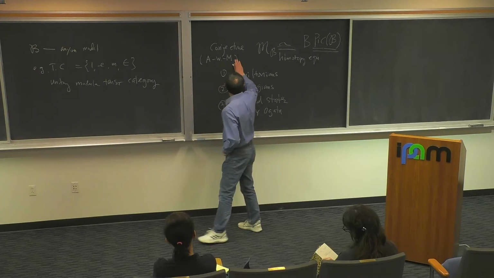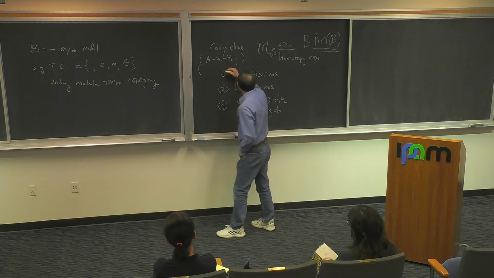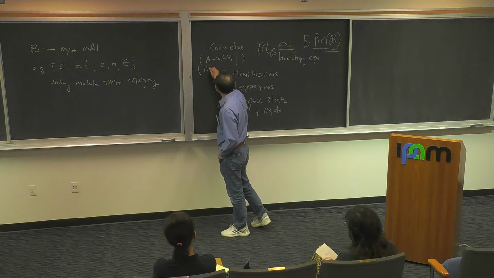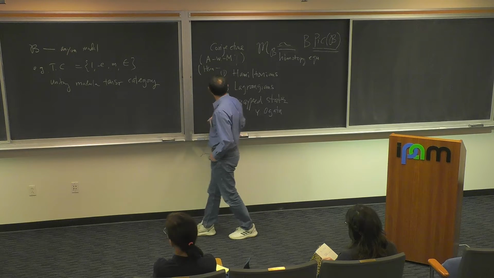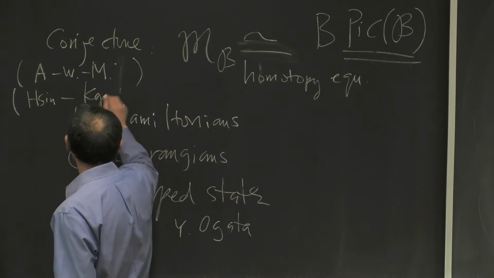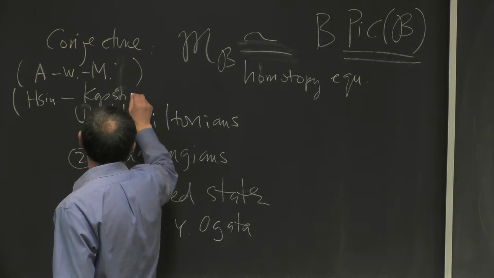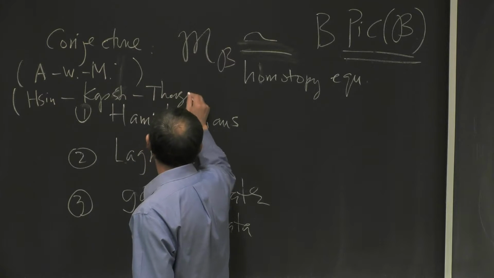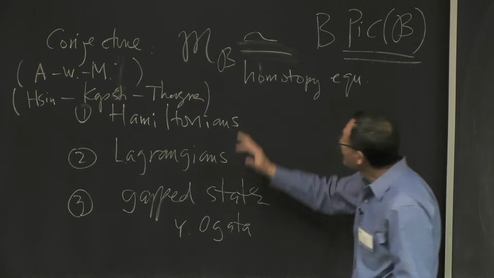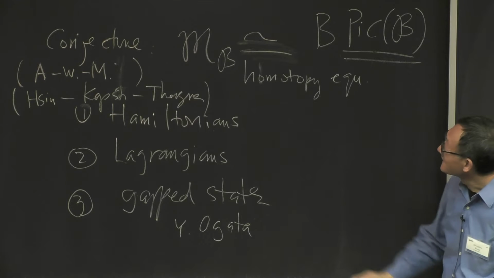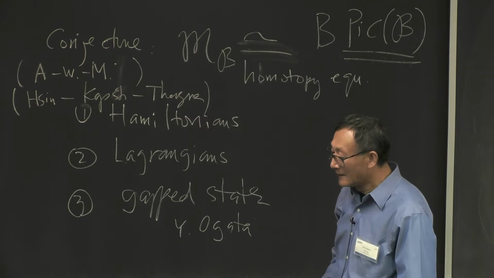And the second origin is Po-Shen, my collaborator, and Kapustin and Thorngren. They have a slightly different take, but I think this is the one I believe.